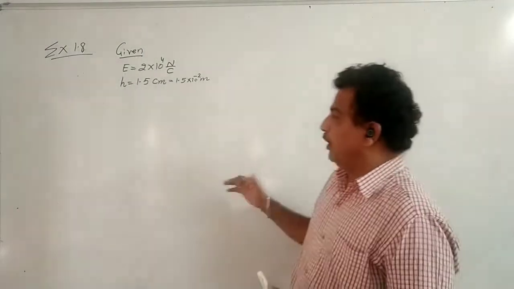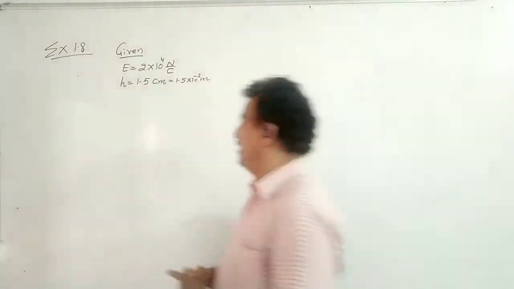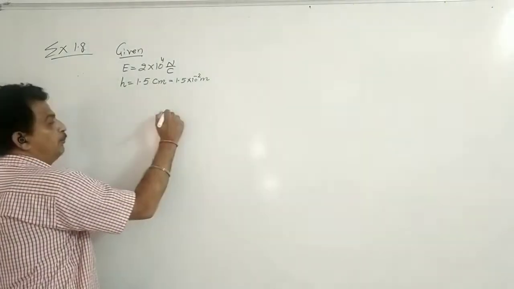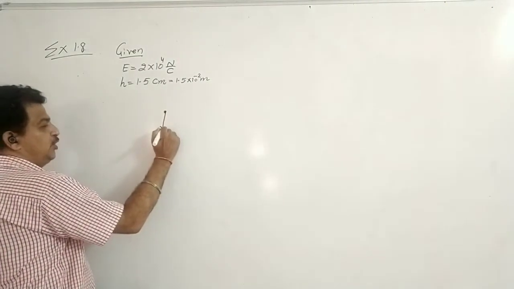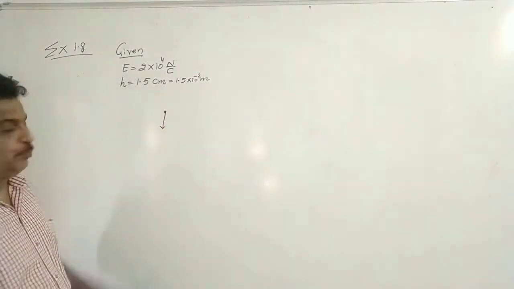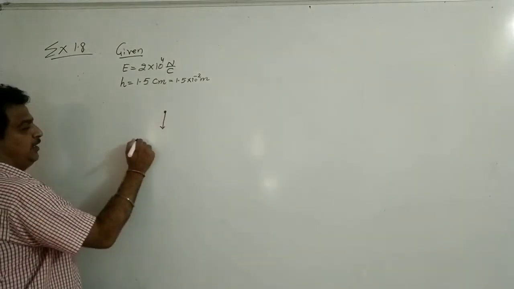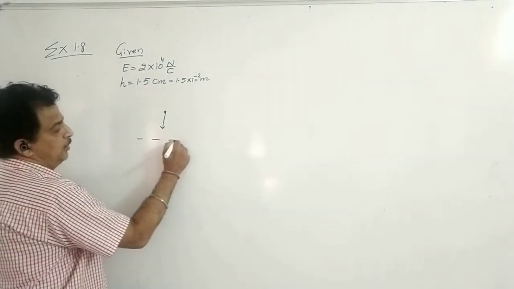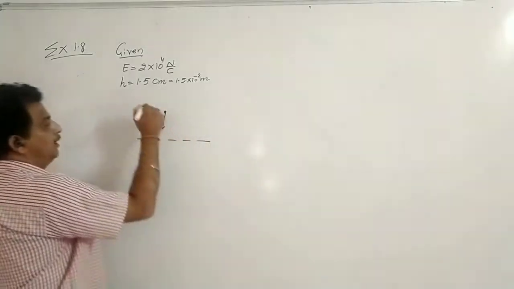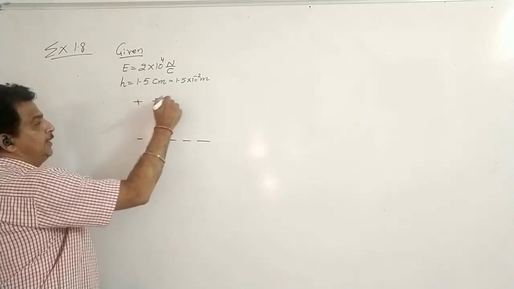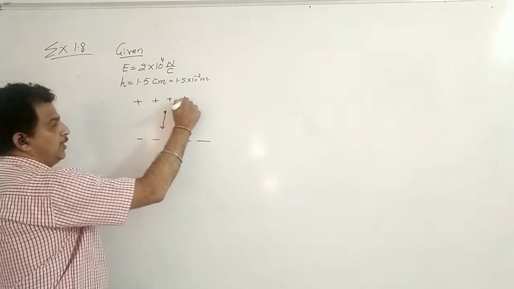Now in the second part of the same question, it is given that a proton is falling freely. Now a proton is positively charged. So we have a negative charge at the bottom and at the top we take a positive charge.